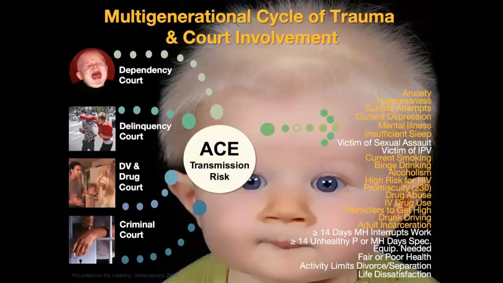Then often these delinquents are also part of domestic violence or drug court, and then often end up in criminal court. And so this adversity is transmitted across generations and can manifest in any of the characteristics on the right-hand side. I know Judge Tepper has so many stories of grandmothers who were in her court, and now the grandchildren are in her court. So she's certainly seen this over and over again.